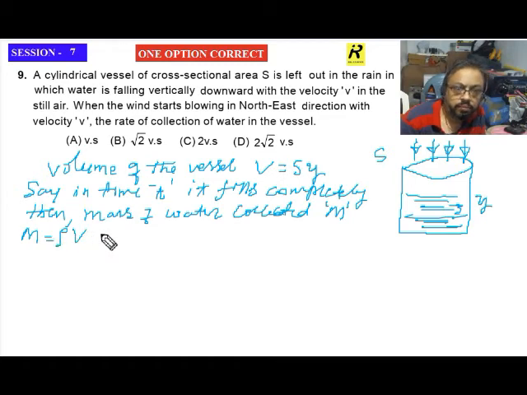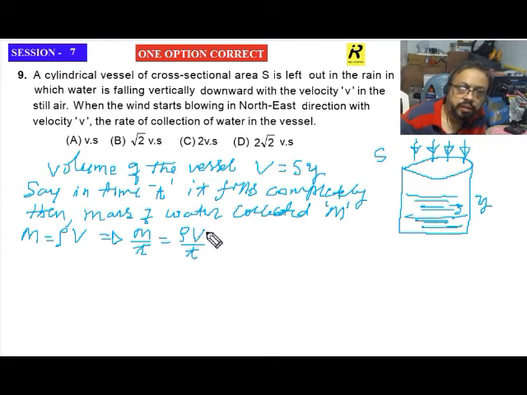So if you divide both sides by t, m divided by t is equals rho into V divided by t. But what is actually happening? Slowly the water drops, the raindrops get collected in this vessel.